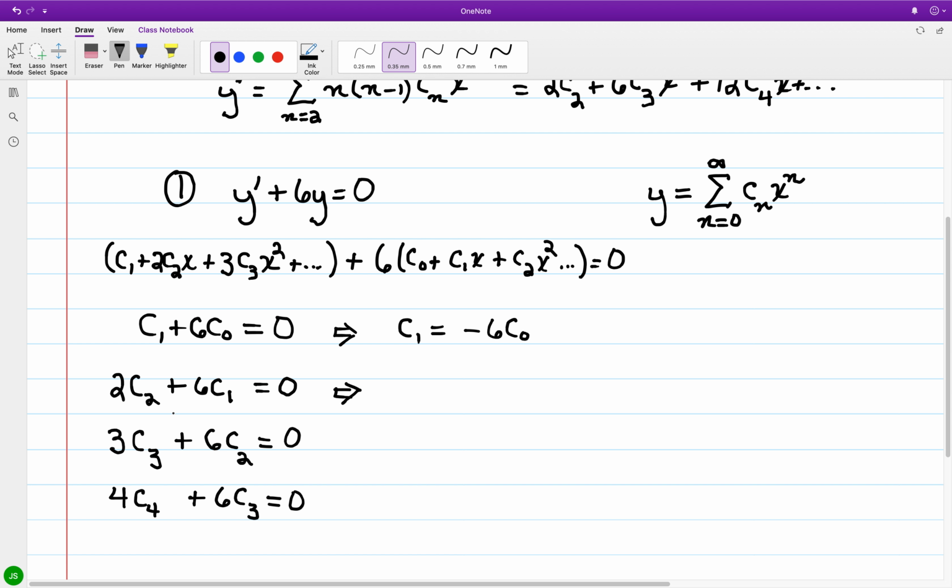For c of 2, I will have negative 6 c1 over 2, writing it in terms of c naught. Now I have that c of 1 is equal to negative 6 c naught, and that will be over 2.